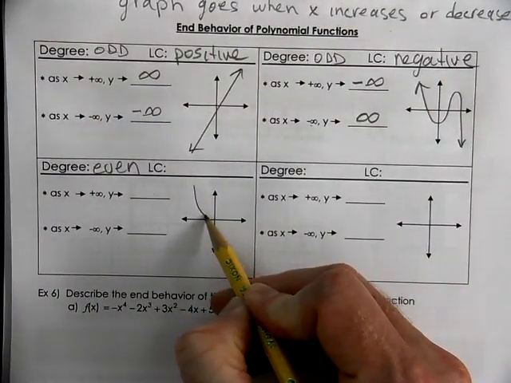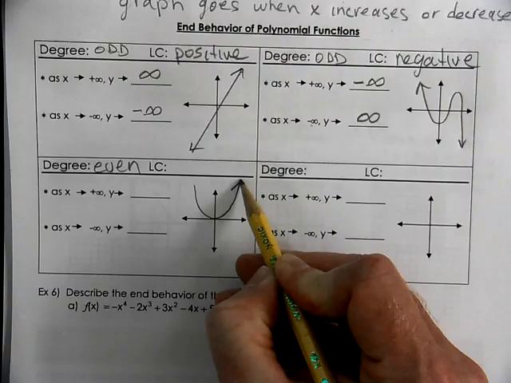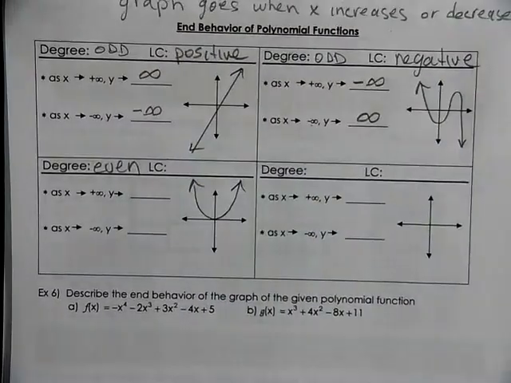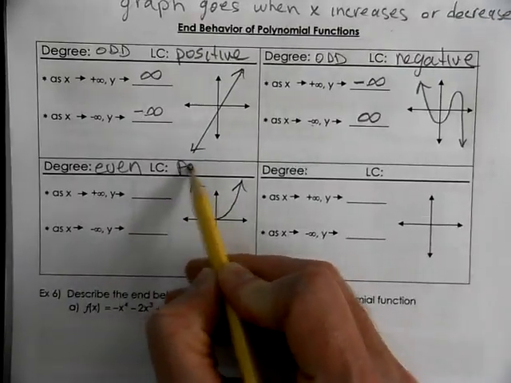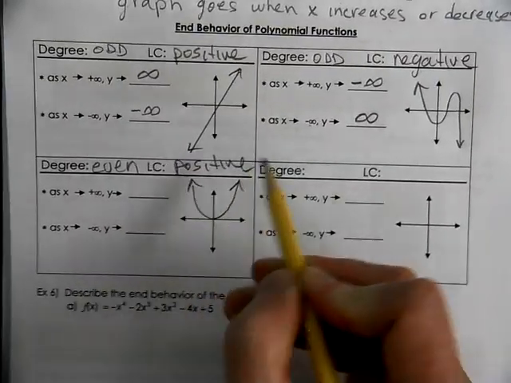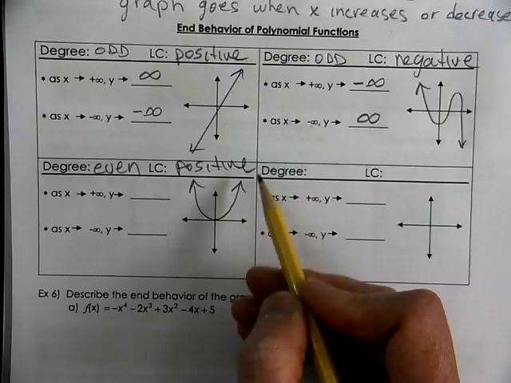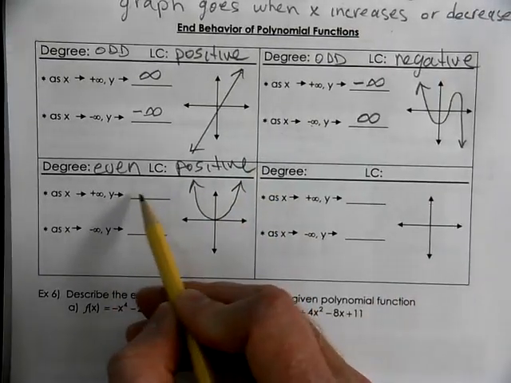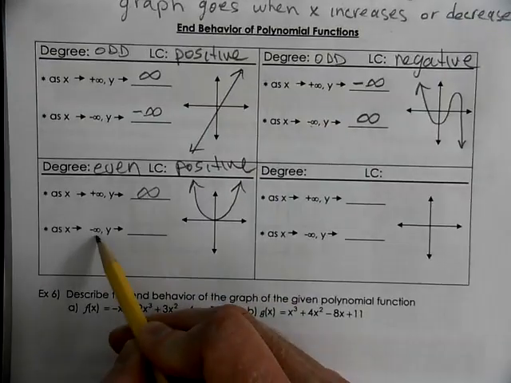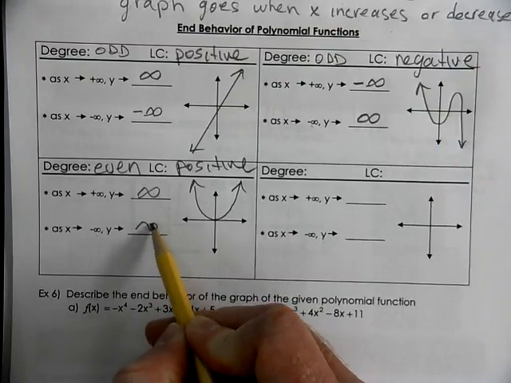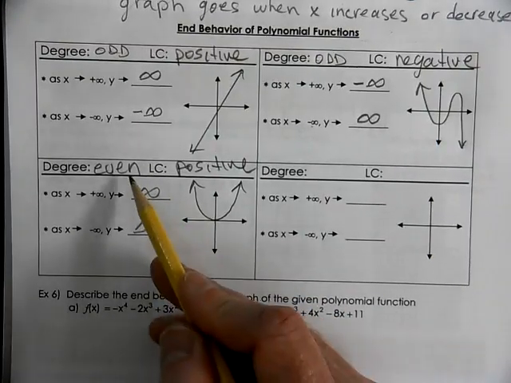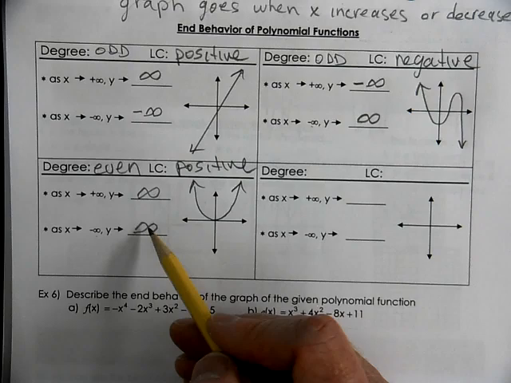We've done end behavior with parabolas before. If it's a positive leading coefficient, you know that the parabola is going to open upwards. When you look to the right, the graph goes up. When you look to the left, the graph also goes up. That's a pattern that's true about all even degrees.